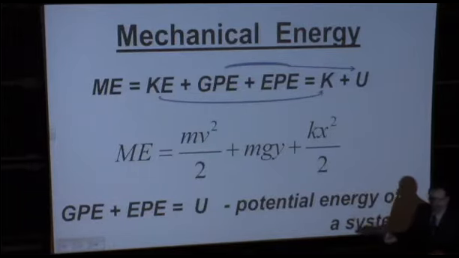And the kinetic energy is always not equal to 0 for the moving object. But if we add them all together, the result has a name, mechanical energy. A capital U is a general notation for potential energy of anything. It generally might include both possible energies, gravitational and elastic.